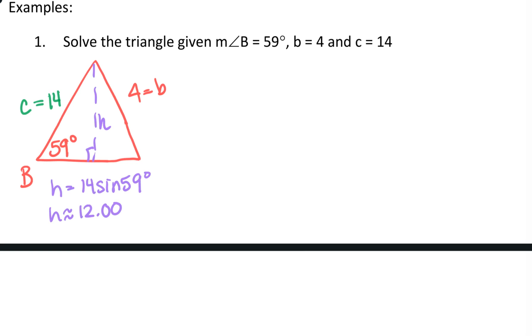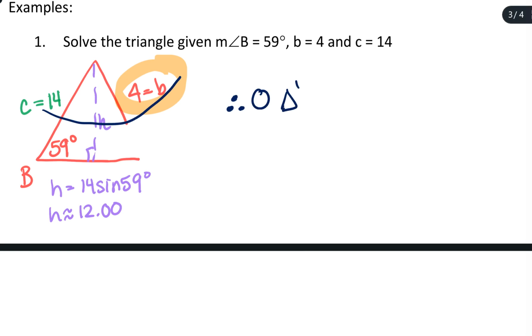So you calculate your height to be about 12.00, and so then you can see that this side of 4 is not long enough to reach. It's actually going to be too short, so if I were to swing it, it's not going to touch the bottom. And if it doesn't touch the bottom, then it's not going to make a triangle. So it would go something like that, not long enough. Therefore, we have 0 triangles. So you're going to write that out: therefore, 0 triangles, no solution.